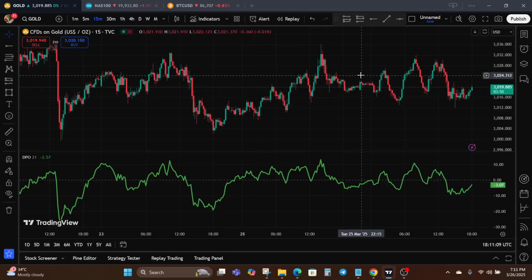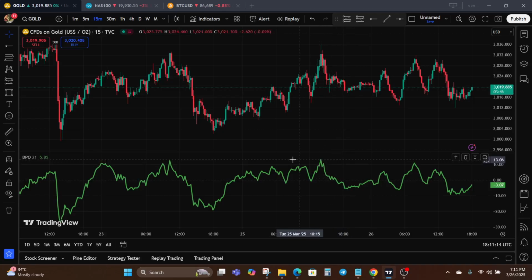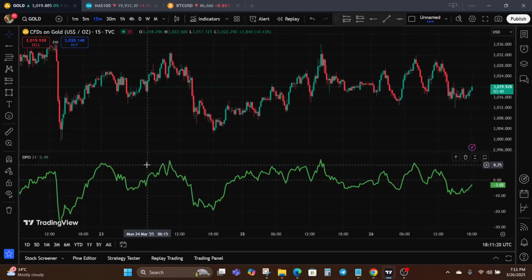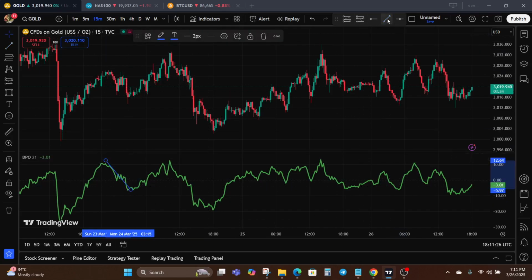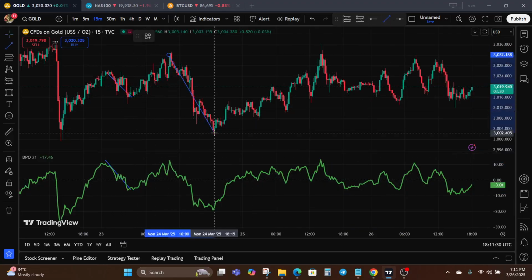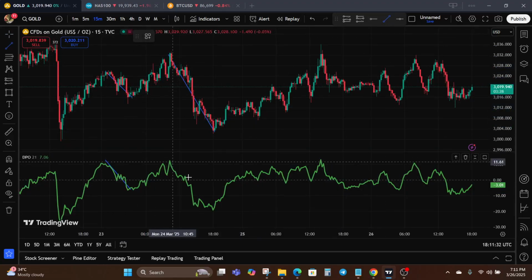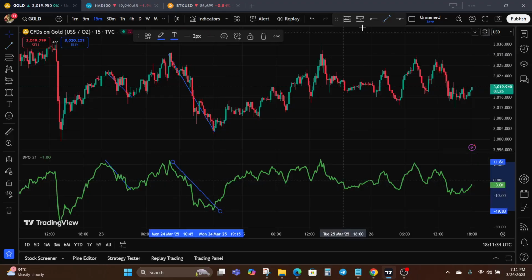So basically, when the DPO reaches extreme positive values, like what we can see happened around here, right? It suggests that price is overbought and a potential downturn might follow. Like we can see what happened here, right? As it got to the extreme top again, it showed that a downtrend was likely to follow.